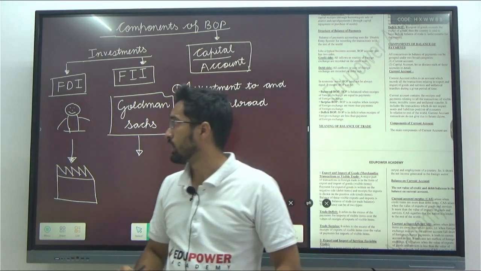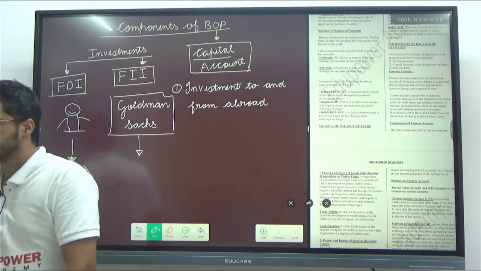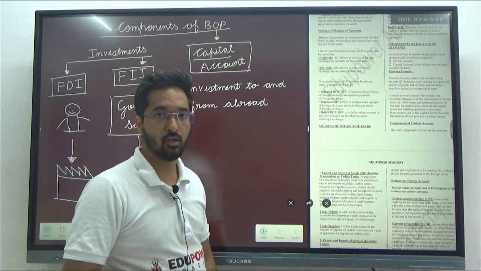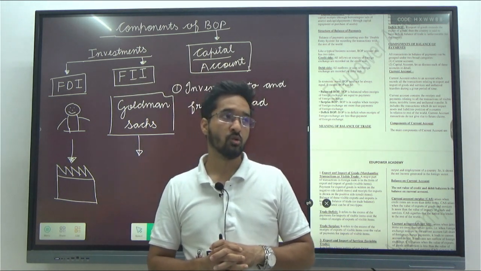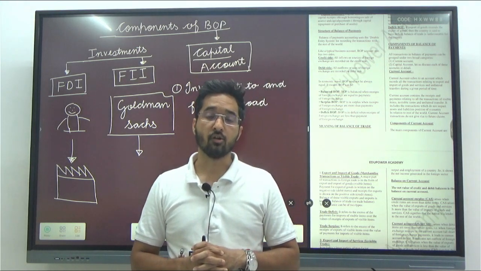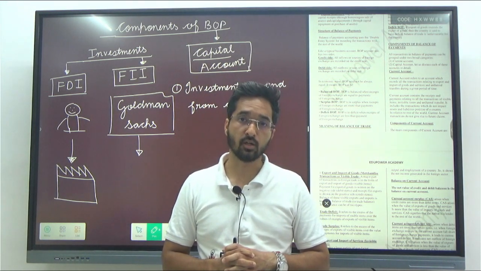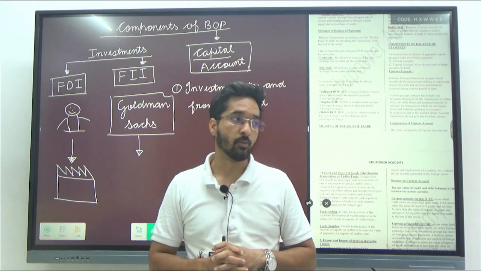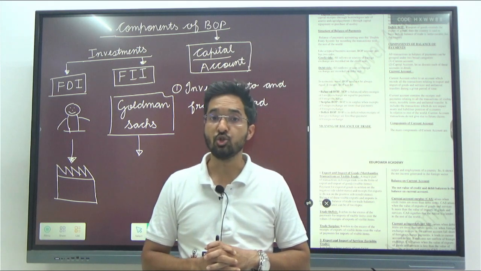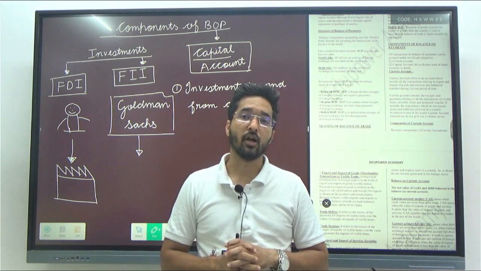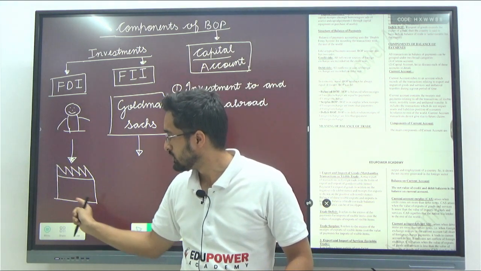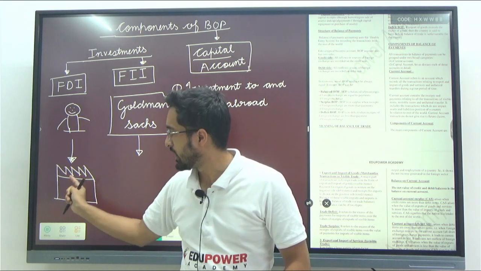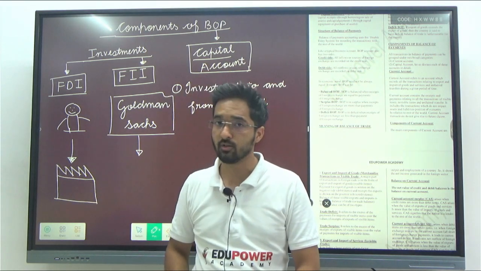Okay. Another thing, for example, Mr. Mukesh Ambani feels that he wants to establish the network of Jio in another country. Suppose he wants to establish the Jio network in England. What will he do? He will go to England, he will buy land there, he will establish a factory there.